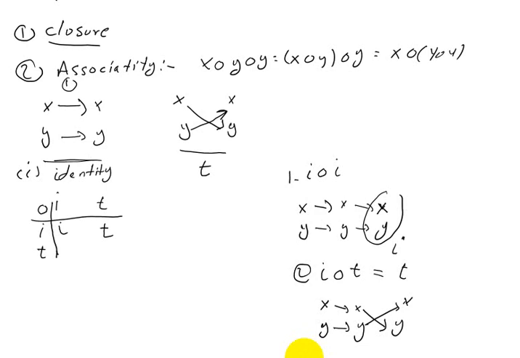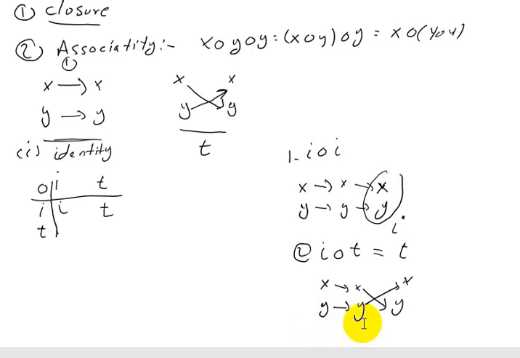Okay, number 3: T composition for I. No problem, I want to write I first.